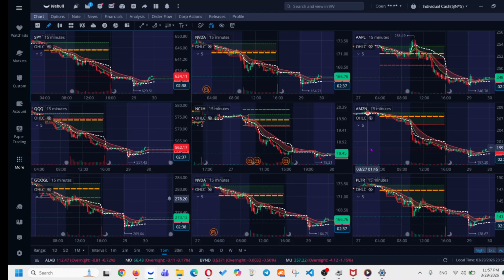To see something different, if we come here for Apple, it was trading at the previous day close and it's above the previous day low. So in this case, I consider this a neutral bias, and I'll see what price action does at the open.